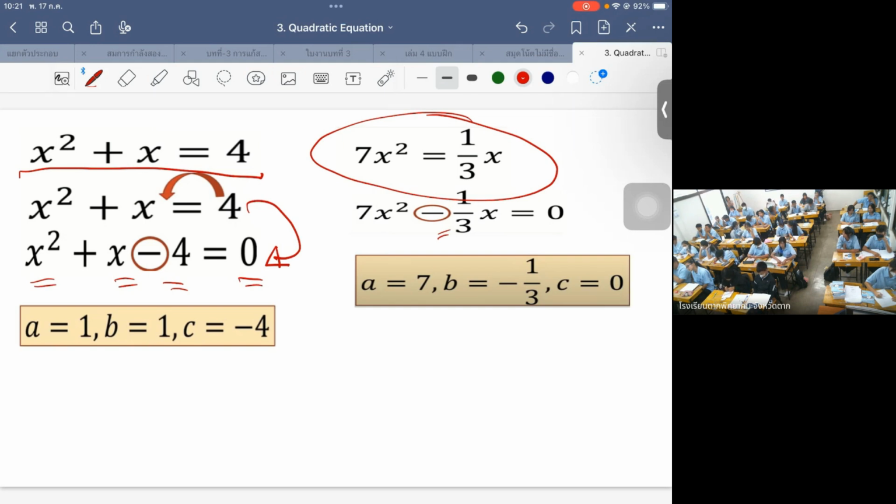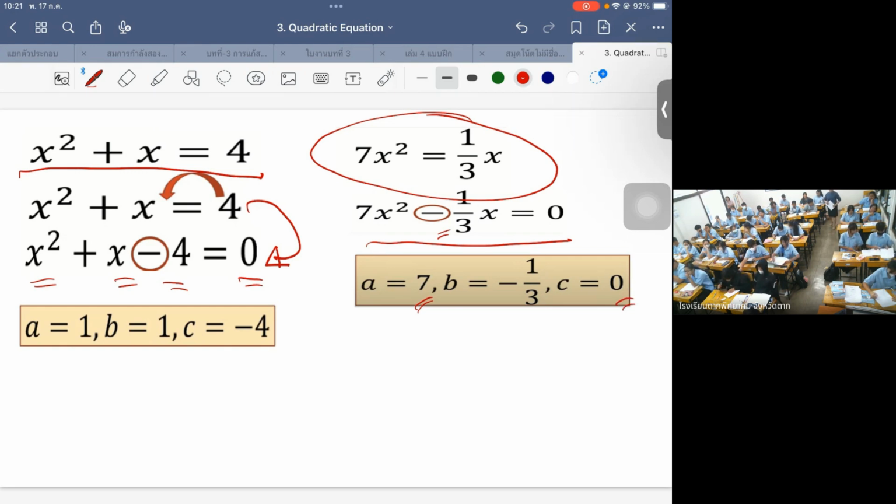That's why we have a quadratic equation now using standard form. But we don't have a constant here. So after the process of transposing into a quadratic equation, we don't have a constant. So the answer is A, 7, B, negative 1/3, and C, 0.